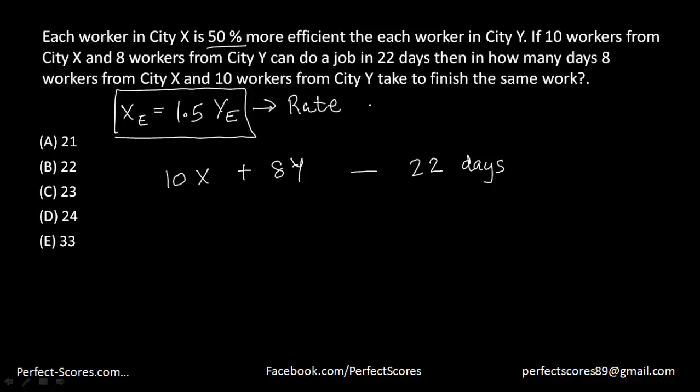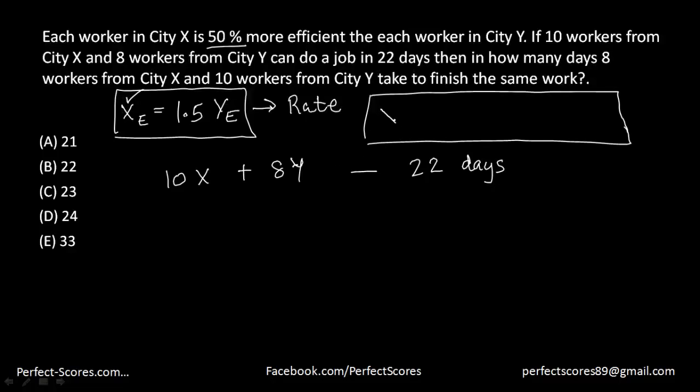Now let me make one assumption. This is an assumption that you have to make in groups all the time: you have to fix one of the groups. Let's suppose every worker from city X in one day finishes 1 unit of job. That means in one day 10 workers will finish 10 units.